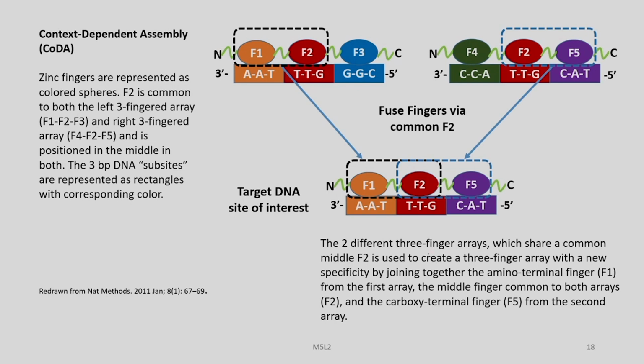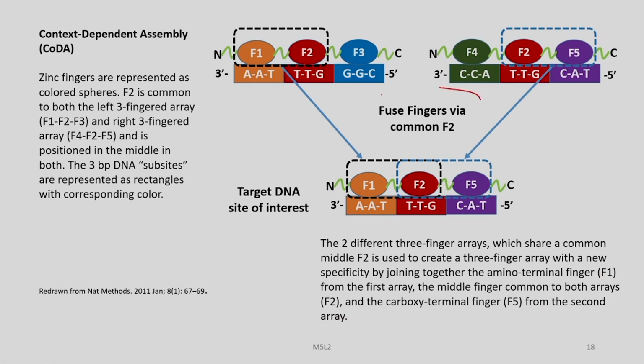So, the 2 different 3 finger arrays which share a common middle finger F2 are used to create a 3 finger array with a new specificity by joining together the amino terminal finger F1 from the first array, the middle finger common to both arrays, and the carboxy terminal finger F5 from the second array.